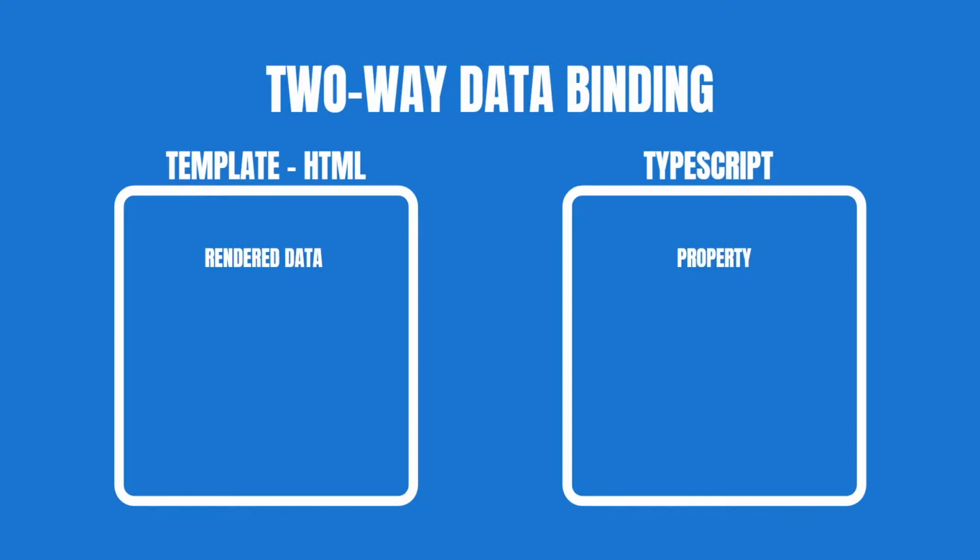As you saw in my last video, we had the property of username, and we bound that to our HTML heading, and we were able to see that username in the heading. So from the property in our TypeScript, we were able to bind the data to our HTML element and render that data. This is called one-way data binding, because it is binding only from TypeScript to HTML.